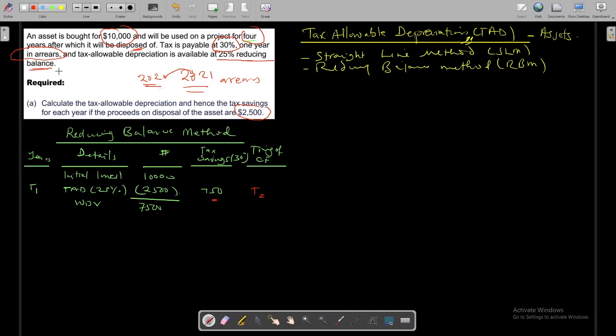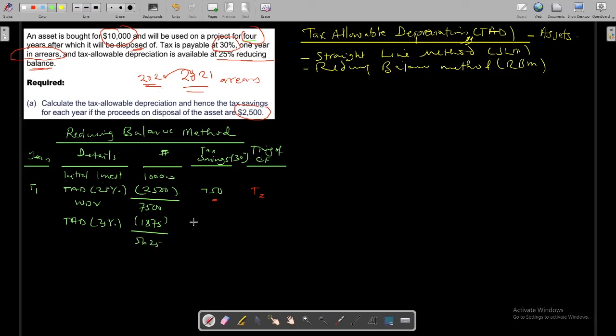Now let's compute the tax allowable depreciation for year 2. It's the same 25% multiplied by 7,500, which is the written down value, and this will give us 1875. Now we subtract this from the 7,500, and we get 5625.